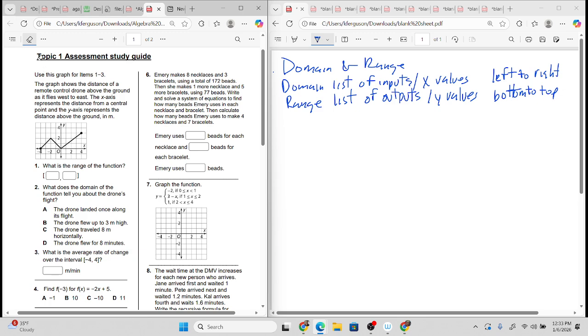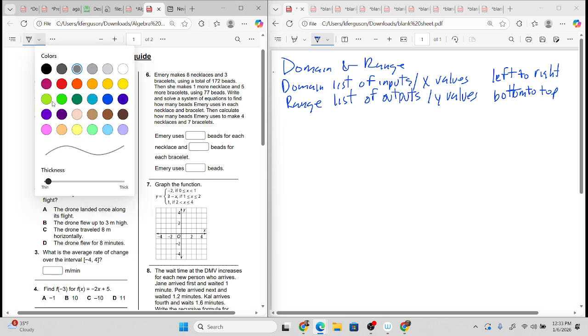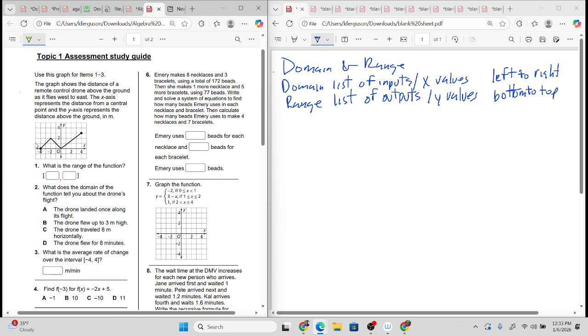So the first thing they're asking us is, what's the range? So range, like we said, is bottom to top. So I look at the lowest point of my graph, which is right here. And that's when y equals 0. And then the highest point on my graph is right here.